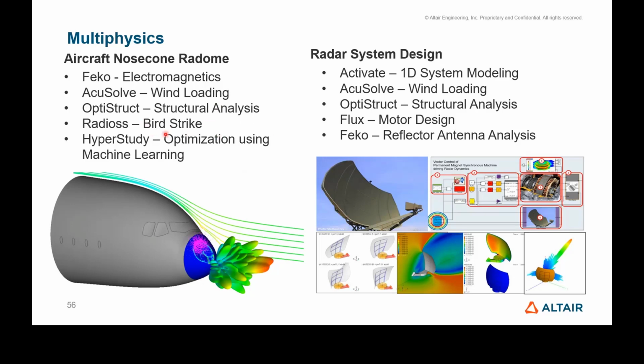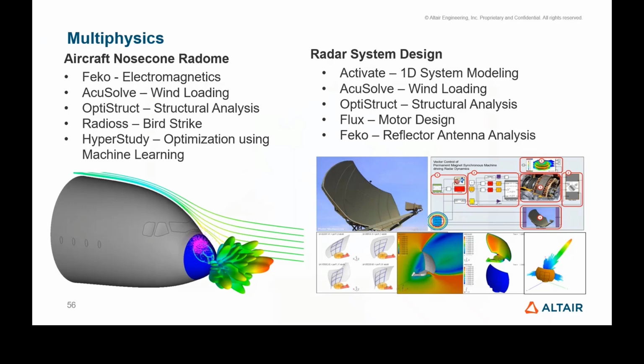And the bird strike, that's impact analysis using Radioss. Because with HyperStudy, you can combine all these things to do optimization. Similarly, you can do the same thing with an antenna in open space, which is actually subjected to wind loading and other kinds of things. So that's, very briefly, the different key features that we introduced recently that can be useful.